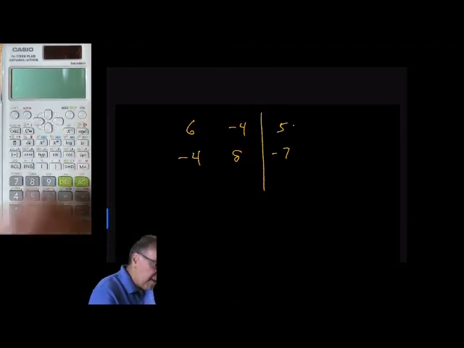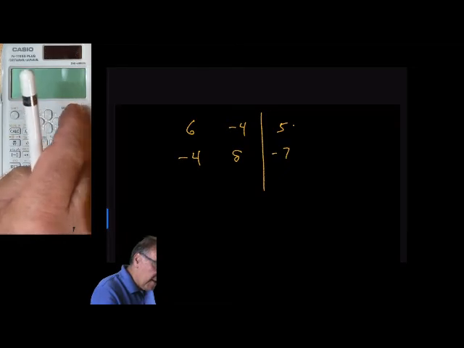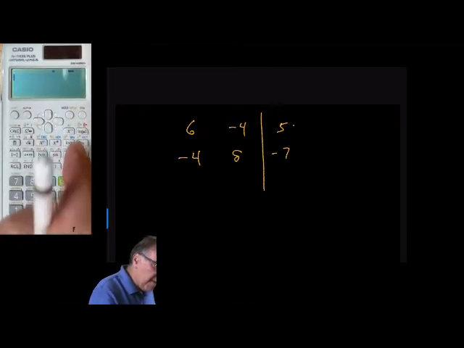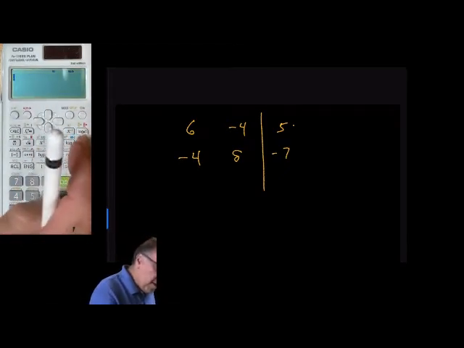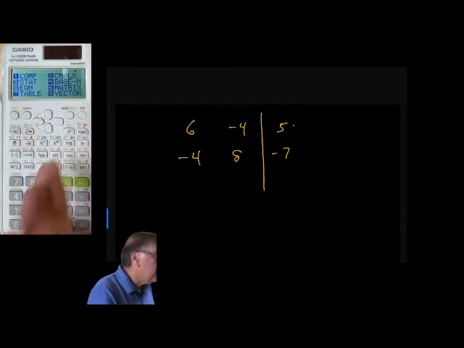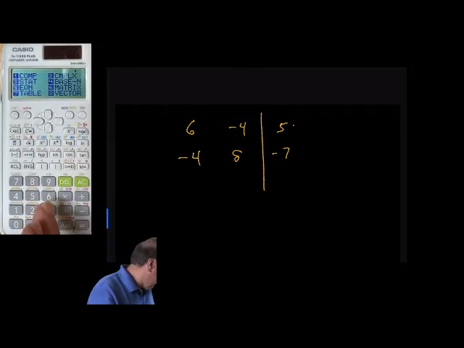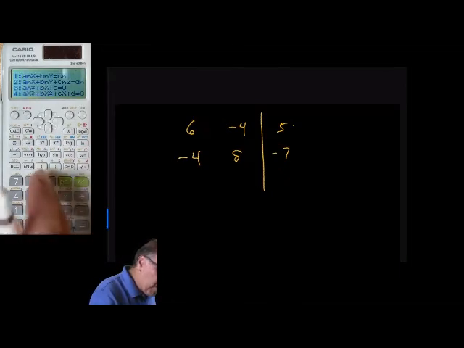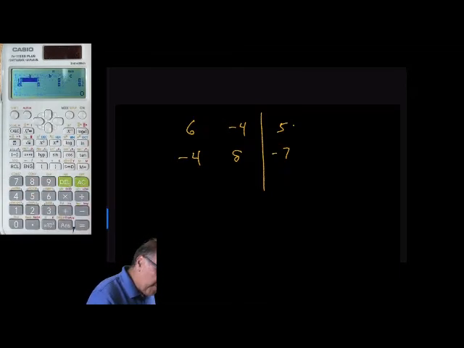We can use our calculator to calculate this. We need to go into a different mode here. We hit the mode button, and then mode 5, and then we're going to select 1, and we can enter our coefficients now.